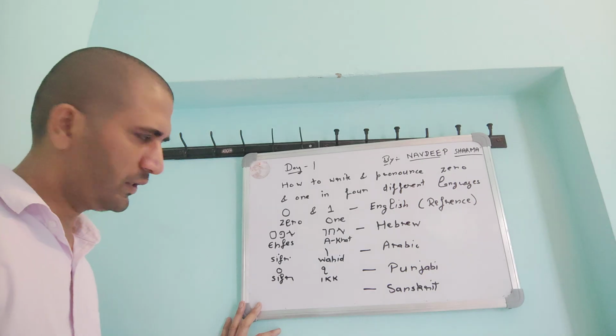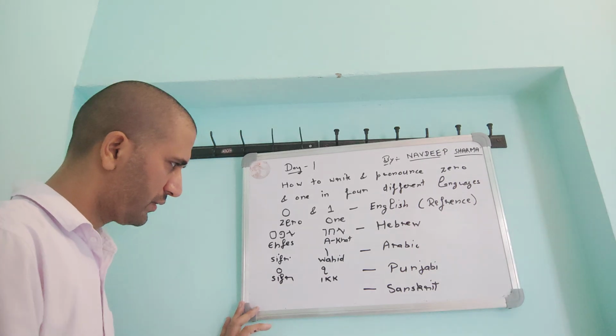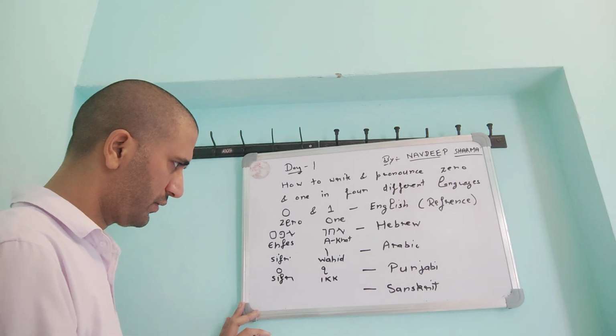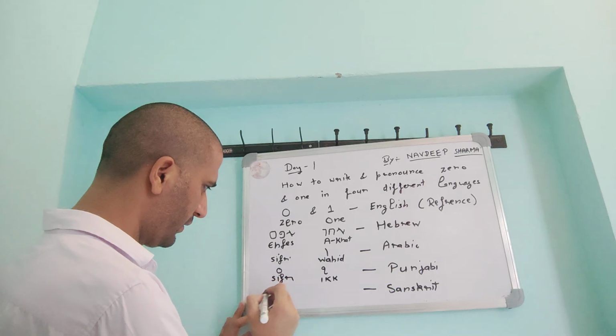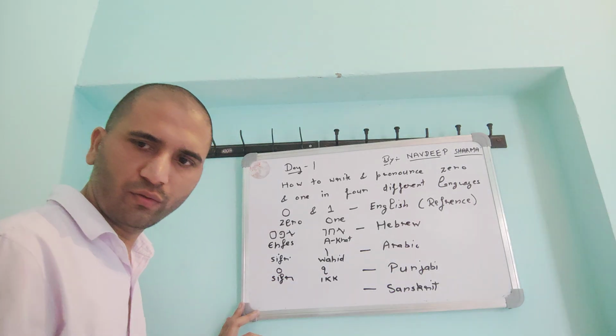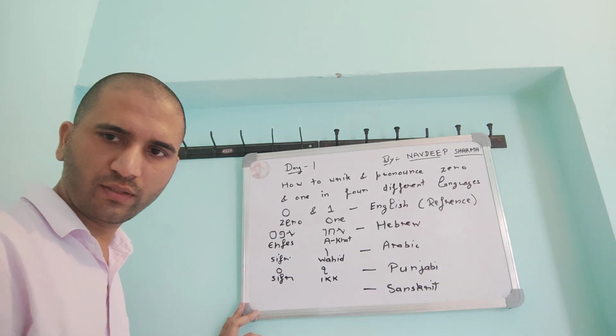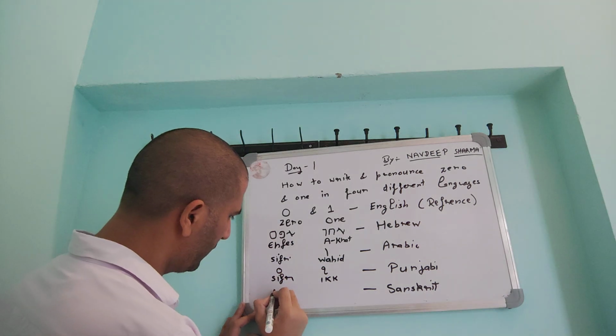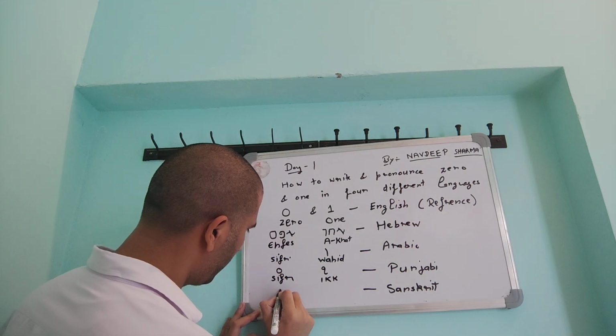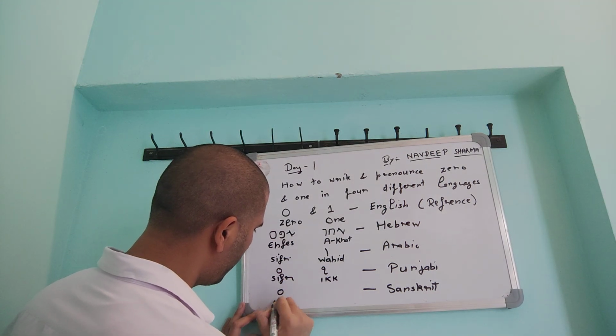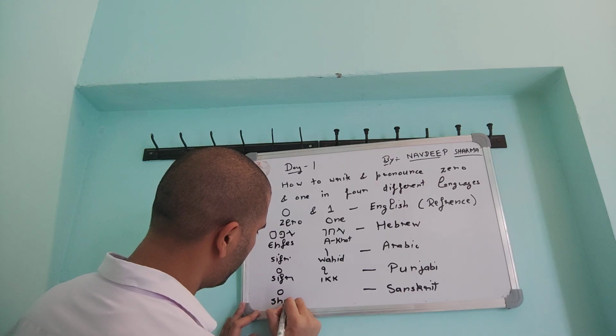Now come to another language, how we will denote 0 and 1 in Sanskrit. 0 is denoted similarly but called as shunya.